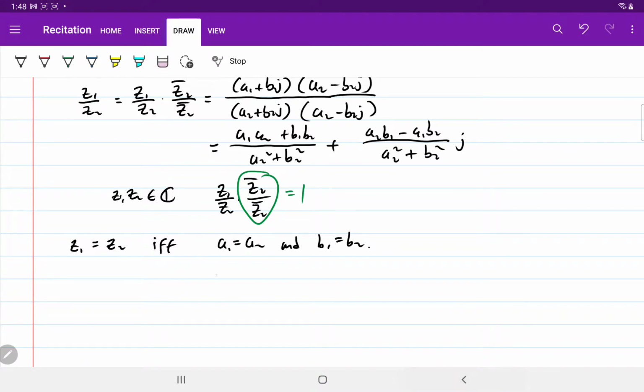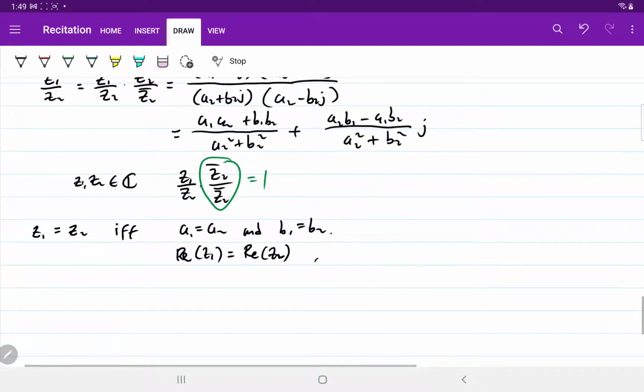Or the real part of z1 is equal to the real part of z2 and also the imaginary part. So if the imaginary part and the real part are equal, then we have z1 equals z2.